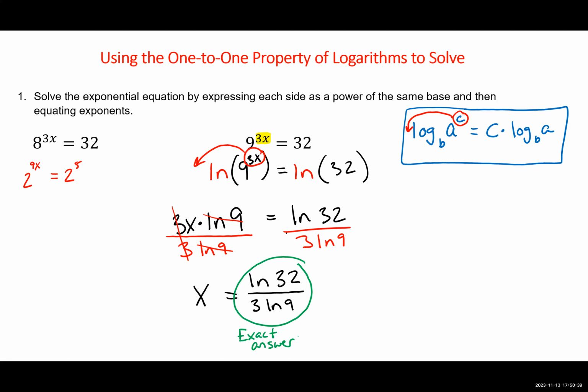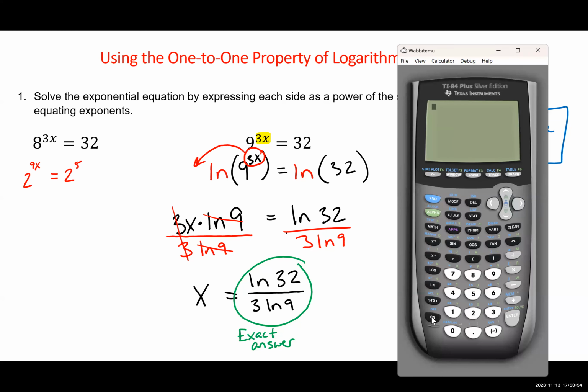Now, if you want a decimal approximation, approximately what is that? Round it to a couple of decimal places. We could bring over the calculator. And we can say natural log of 32, and we could divide that. I'm going to put it in parentheses, so both the 3 and the ln of 9 are on the bottom.